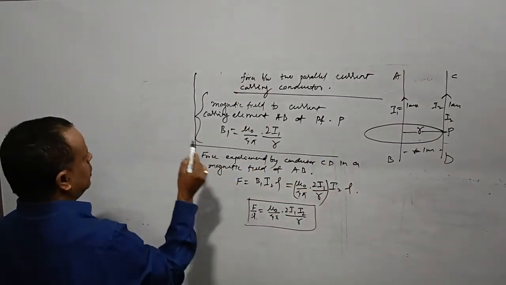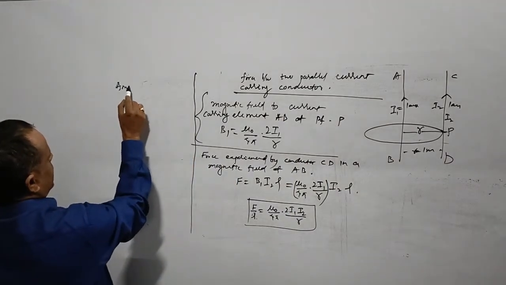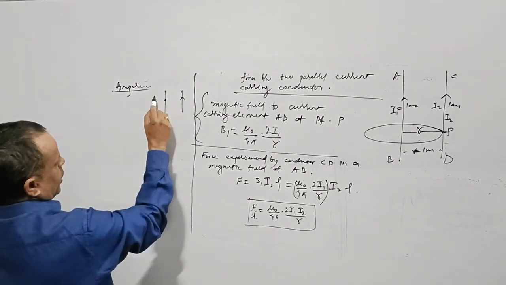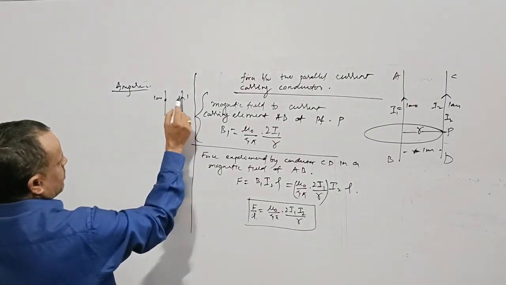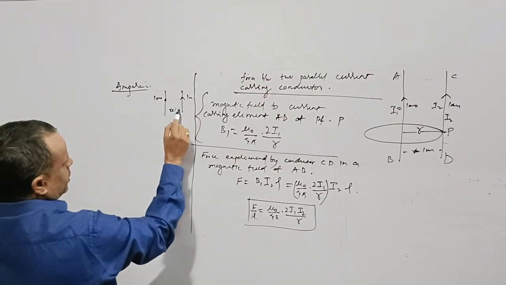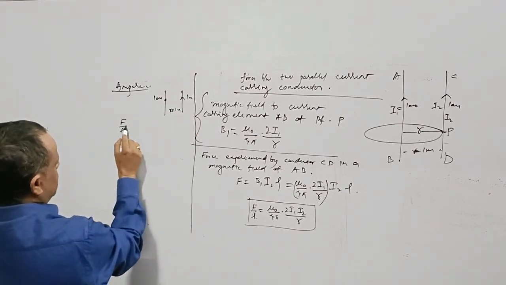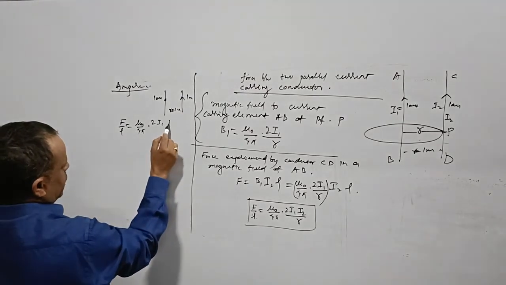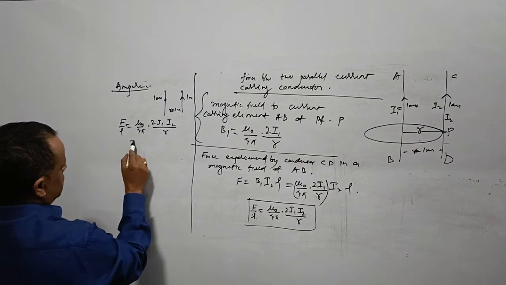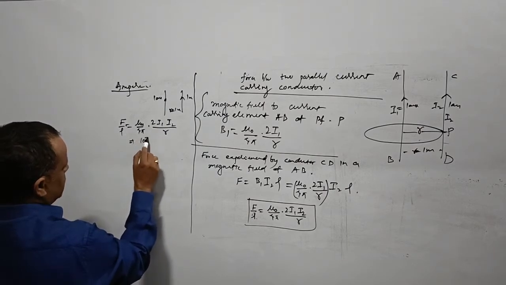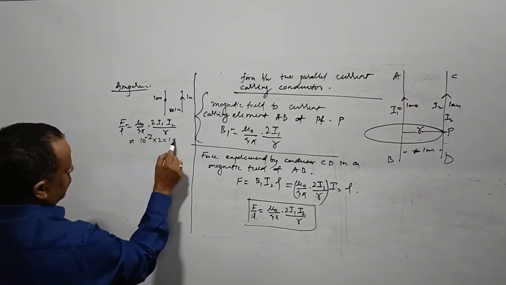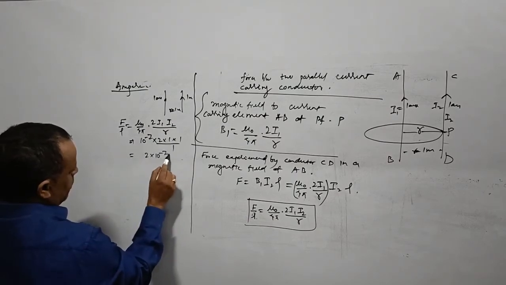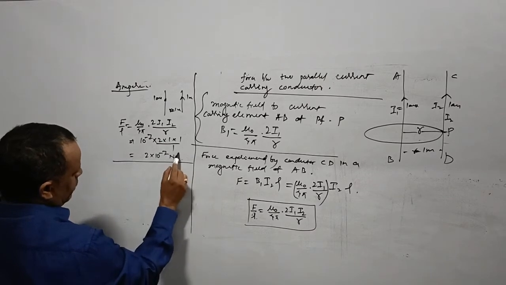In that case the force is mu naught upon 4 pi into 2 I1 I2 upon R. Here mu naught upon 4 pi is 10 to the power minus 7, and I1, I2 and R are each 1. So we get 2 into 10 to the power minus 7 Newton per meter.